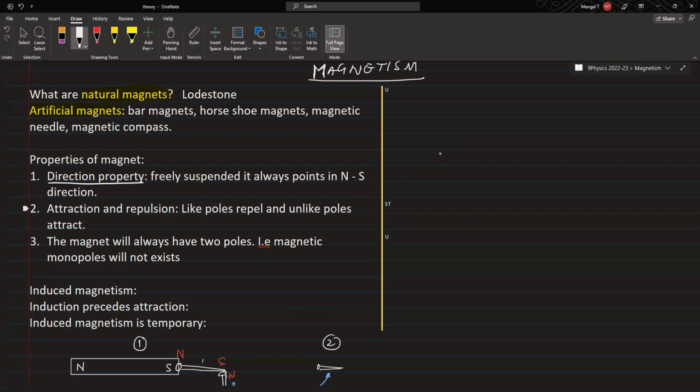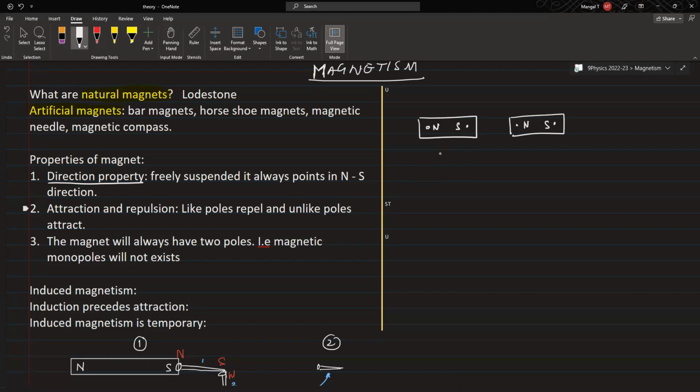Then there is the attraction and repulsion property. For any magnet, there are two poles. One we call the North Pole, another the South Pole. When you bring two magnets closer, they can either attract or repel each other. It depends upon which two poles you are bringing closer.